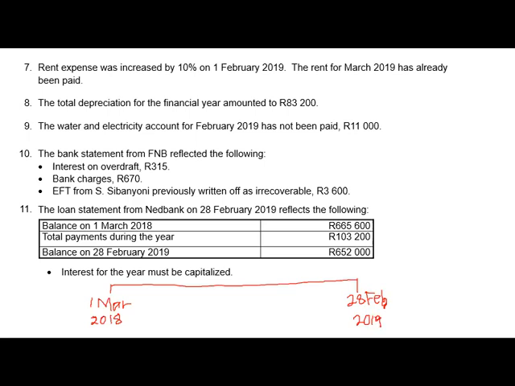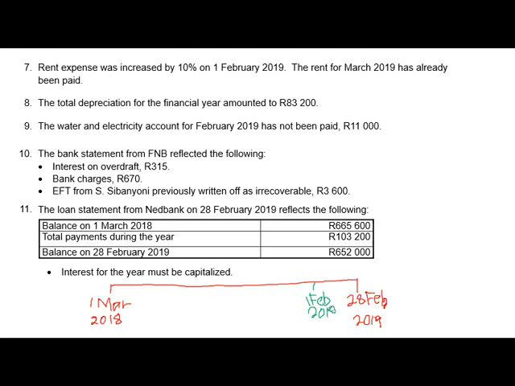Let me change the color of this pen. The 1st of Feb is here, right? So 1 Feb 2019, what happened on the 1st of Feb? We actually increased our rent.